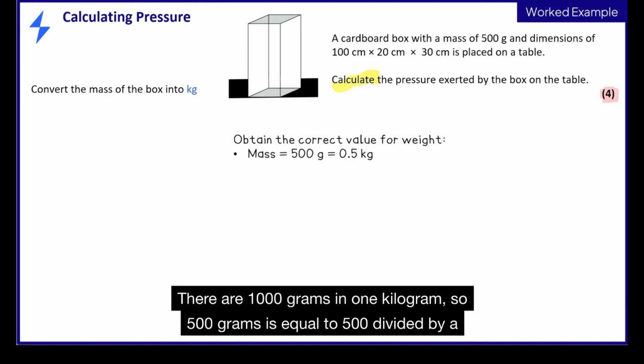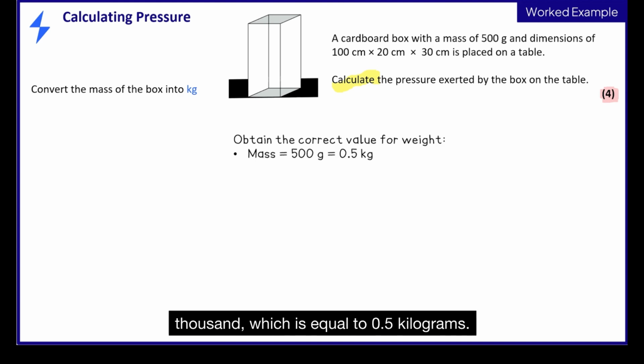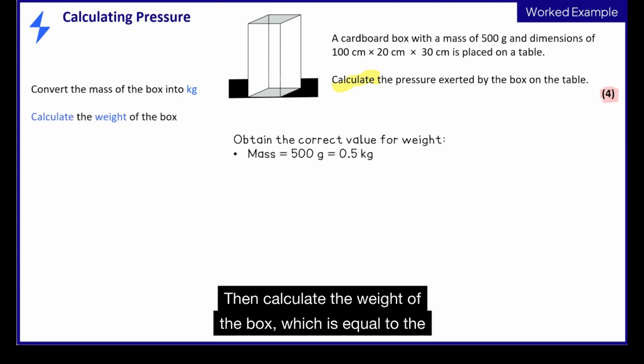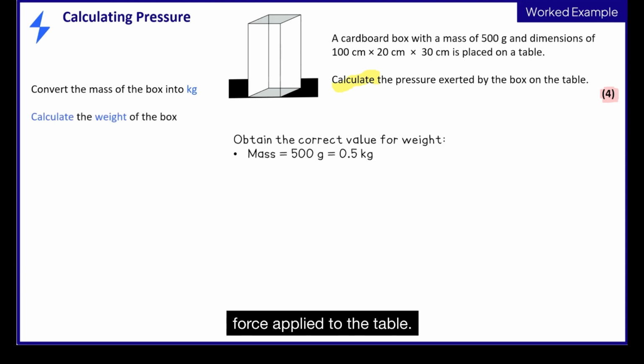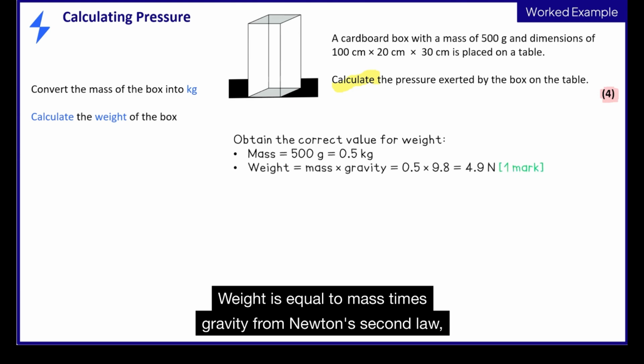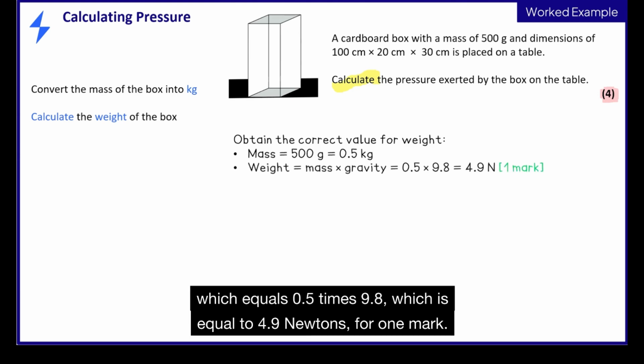There are 1,000 grams in 1 kilogram, so 500 grams is equal to 500 divided by 1,000, which is equal to 0.5 kilograms. Then calculate the weight of the box, which is equal to the force applied to the table. Weight is equal to mass times gravity from Newton's second law, which equals 0.5 times 9.8, which is equal to 4.9 newtons for 1 mark.